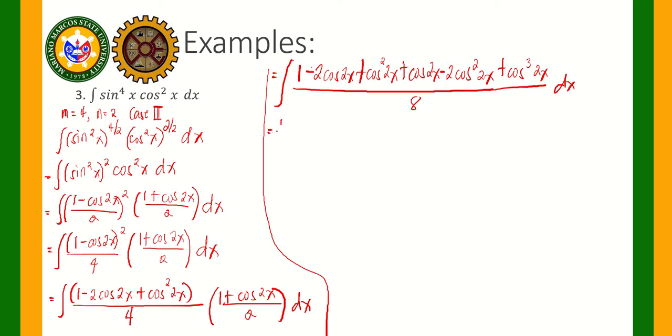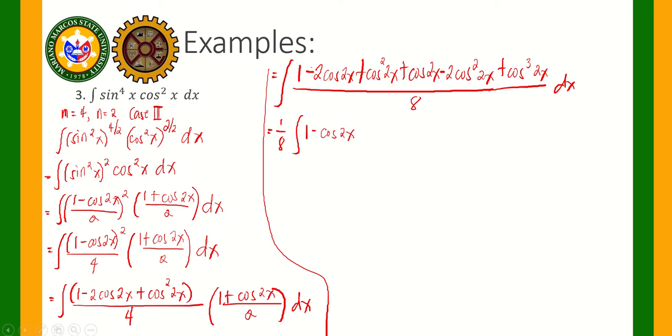So this will be equal to 1 over 8, the integral of, okay, combine like terms na tayo. So yung constant natin is isa lang. So that is 1. And then cosine 2x, hanapin natin this one. Cosine 2x and cosine 2x. So, negative 2 cosine 2x plus cosine 2x, that will be equal to negative cosine 2x. How about this one?